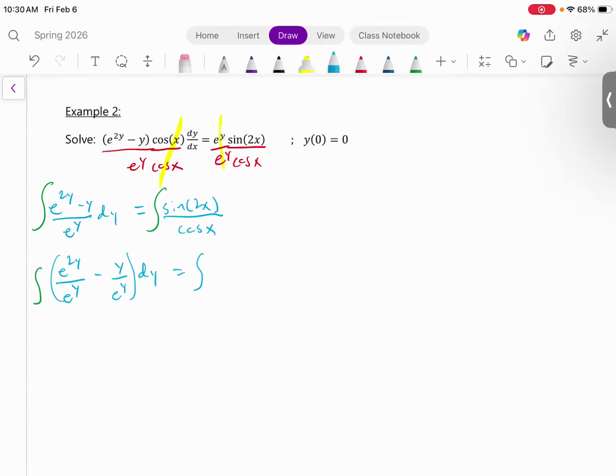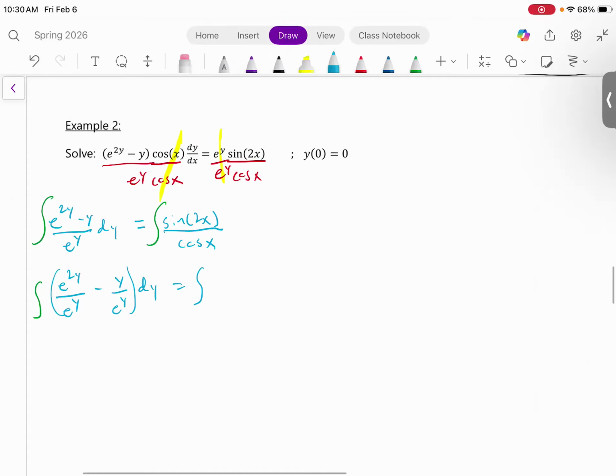And what I'm going to do for my right-hand side with my sine 2x, let's remember a trig identity that sine of 2x can be written as 2 sine x cosine x.